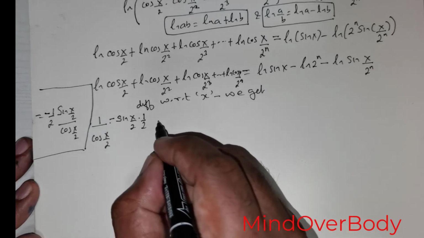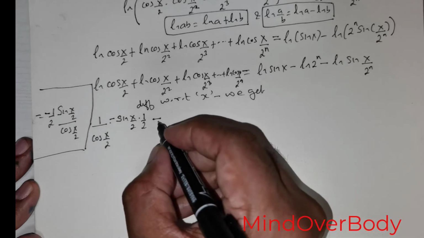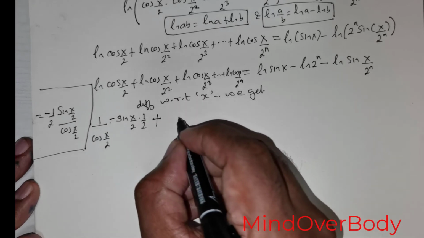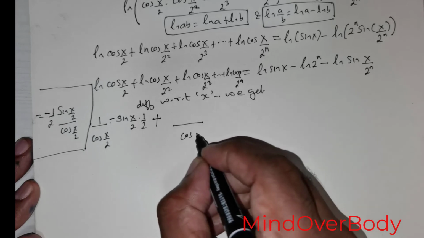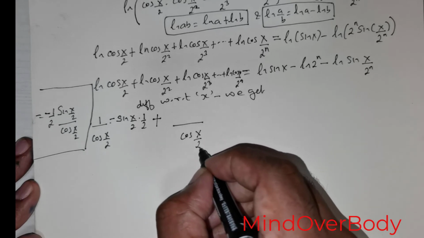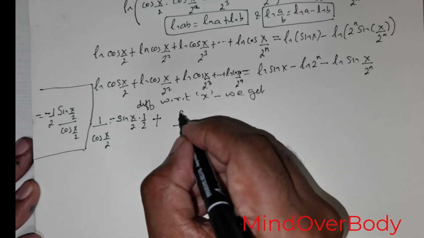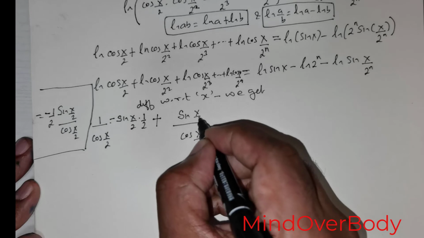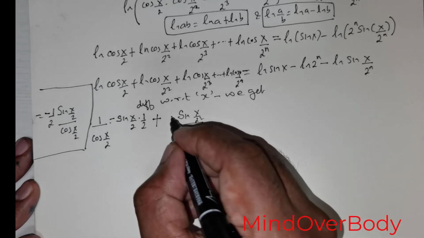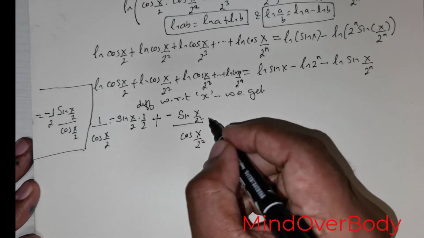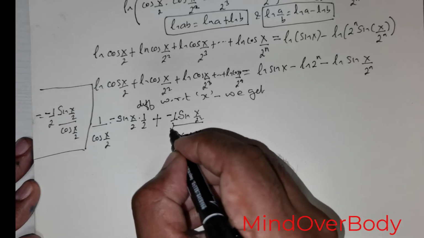So I will follow the same thing. So this is going to be plus 1 over cos(x/2)^2 times differentiation of cos, that's going to be sin(x/2)^2 with a negative sign times differentiation of (x/2)^2, that's going to be 1 over 2^2.